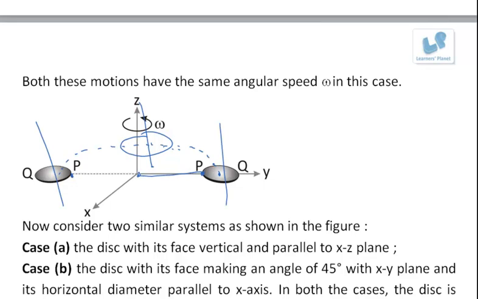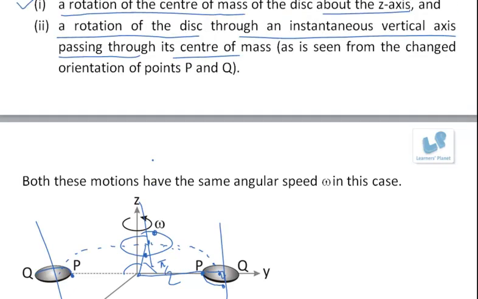So when this angle is pi by 2, or 90 degrees, point P has reached here and point Q has reached here. So about the axis passing through the center of mass, point P has turned by an angle of pi by 2, and by another angle of pi by 2 it comes to the diagonally opposite point. This point P has reached here, so the rotation is again pi.